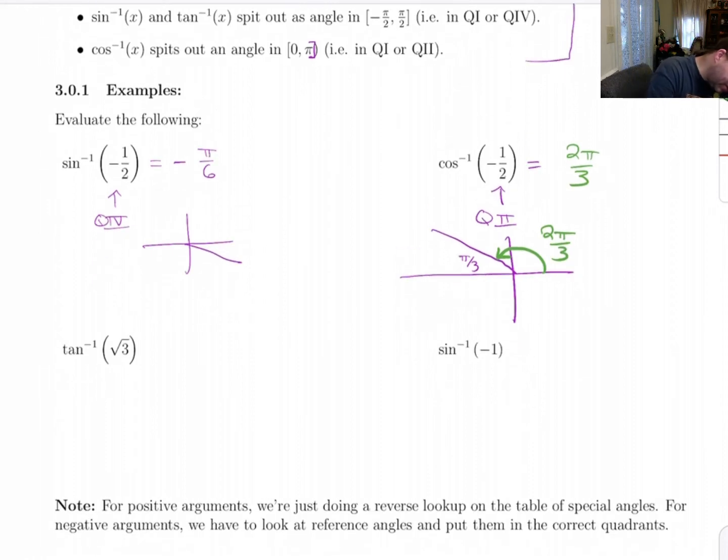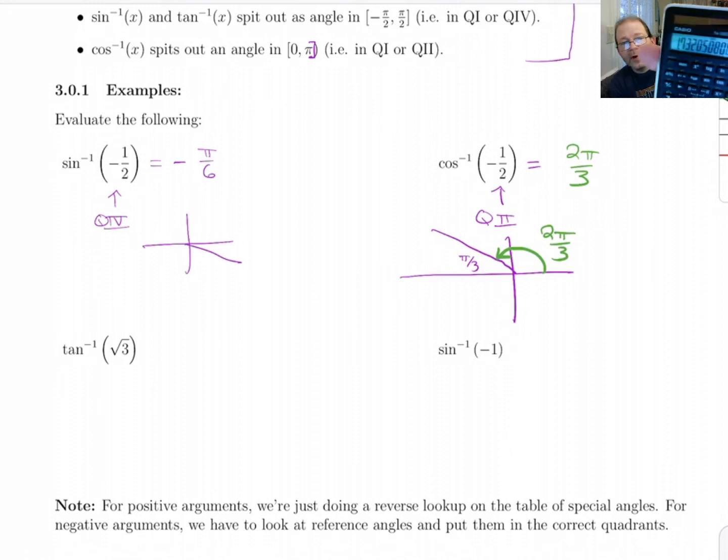Okay, what about this? Inverse tan of square root of 3. Well, if it's a positive number, there's really nothing to do. All I'm going to do is, on my calculator, inverse tan of square root of 3. Honestly, I know it's either pi over 3 or pi over 6. I just never can remember which one it is.